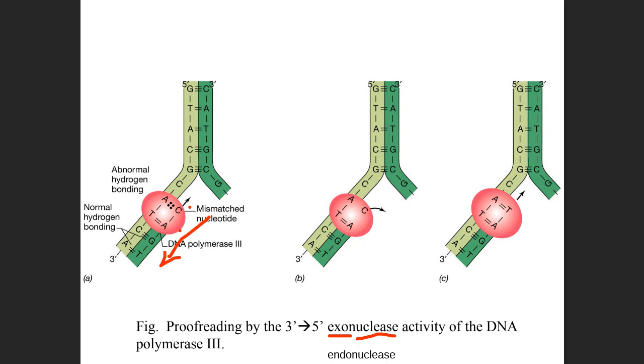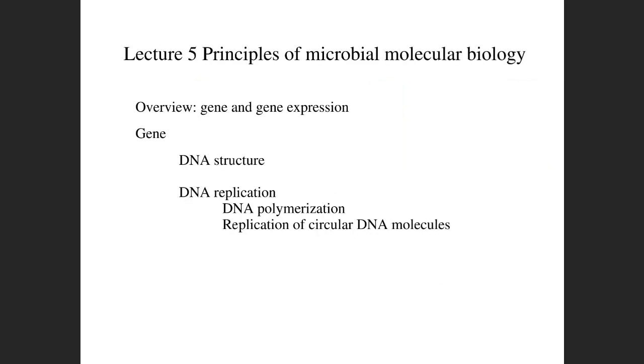So now you understand it can go back and cleave, and then try again until it finds a new, correct nucleotide, and then move forward. Okay, so that's how it's replicating.